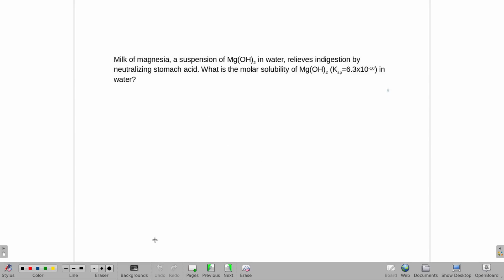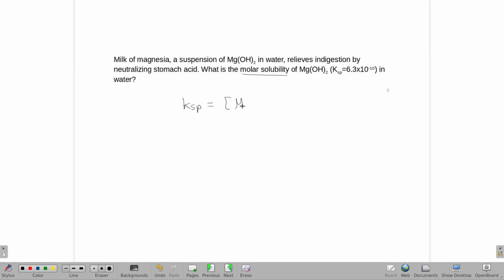Let's go backwards. Let's say I give you a KSP and I want you to determine the solubility. Now, we're never going to actually have you calculate the solubility in terms of grams compared to volume. You'll always just be calculating the molar solubility. That's going to save us a couple steps. It's still not trivial.